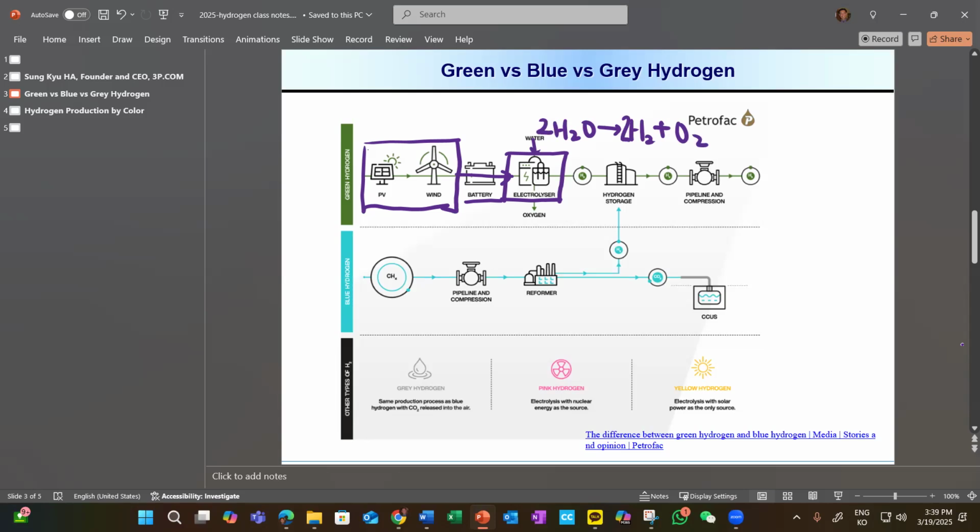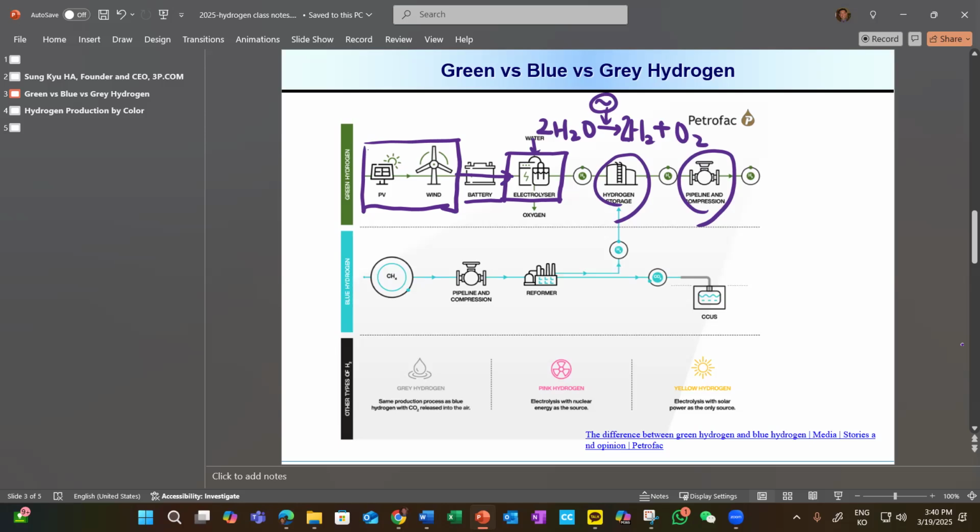So we have to add energy to generate hydrogen and oxygen. So this hydrogen can be stored and then distributed, and then we can use them for fuel cells or vehicles and trucks, etc. This is the most ideal case of generating hydrogen gas.